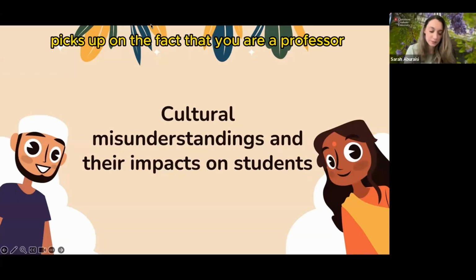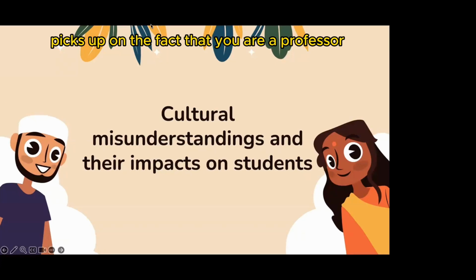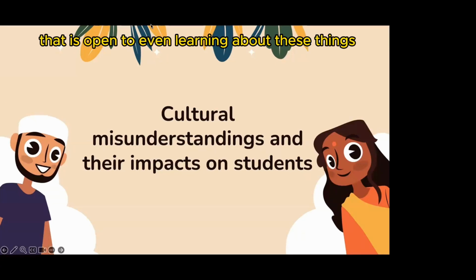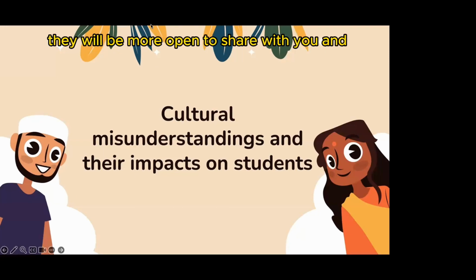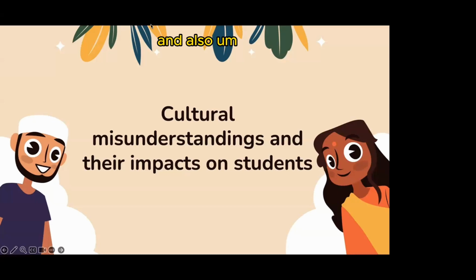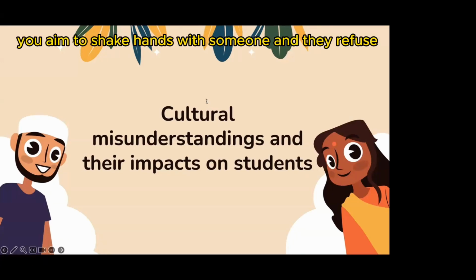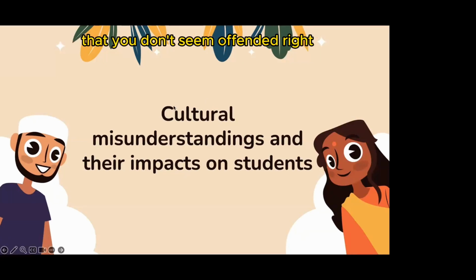If a student picks up on the fact that you are a professor that is open to even learning about these things, you don't have to know everything, but you are open to learn about them, you are open to conversing about it, they will be more open to share with you. That's true. And also just the fact that you are aware enough that if a certain circumstance happens where you aim to shake hands with someone and they refuse, you don't seem offended, right? Just kind of having that awareness. You don't have to know everything.